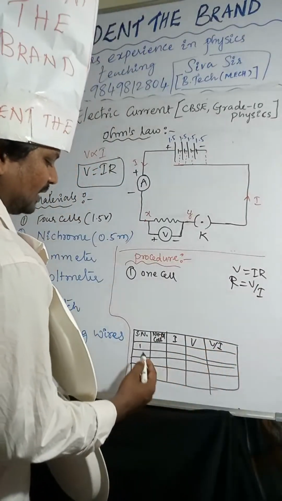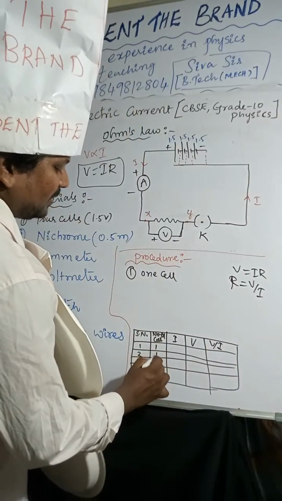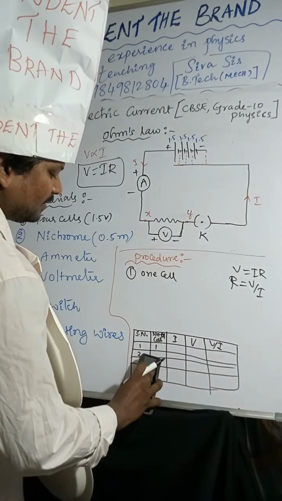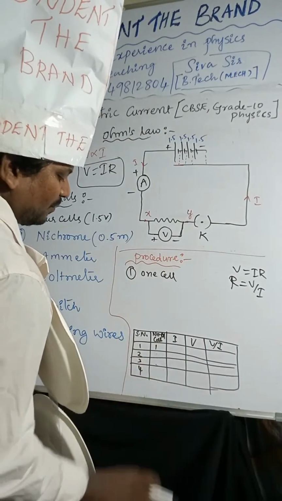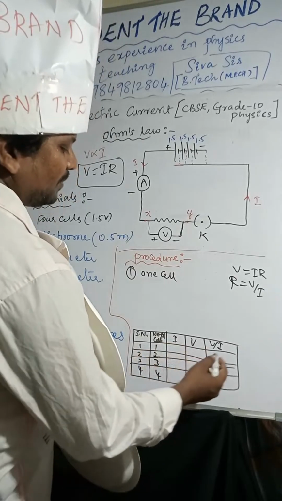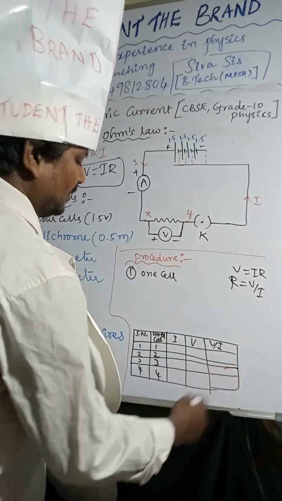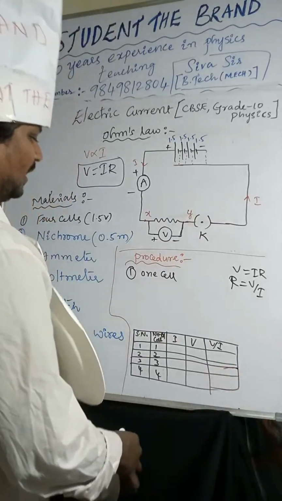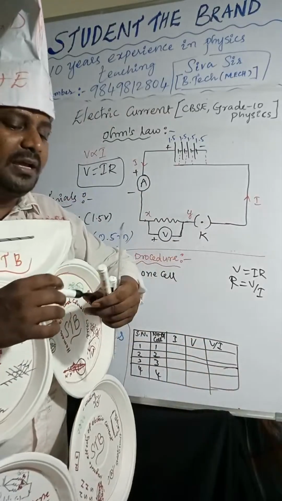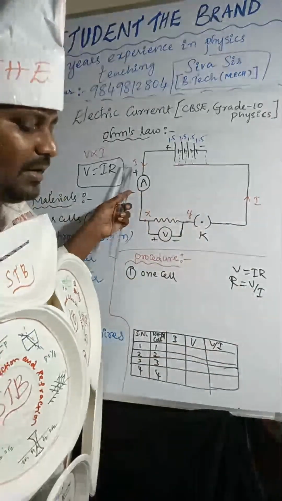Serial numbers 1, 2, 3, 4, with ammeter, voltmeter, and V by I columns. Every time, first you connect one cell and note down the readings of the ammeter and voltmeter.